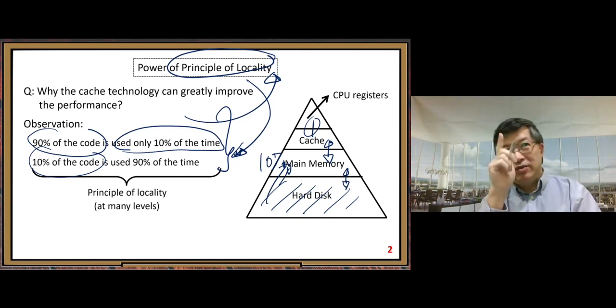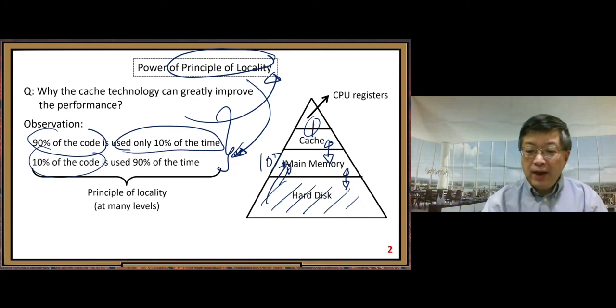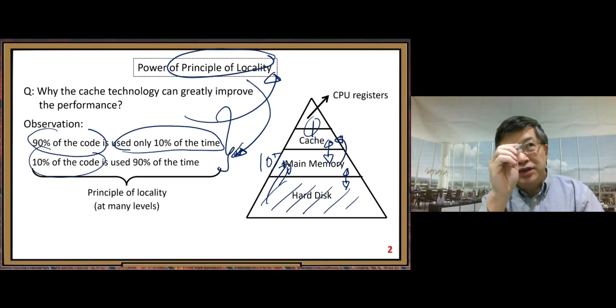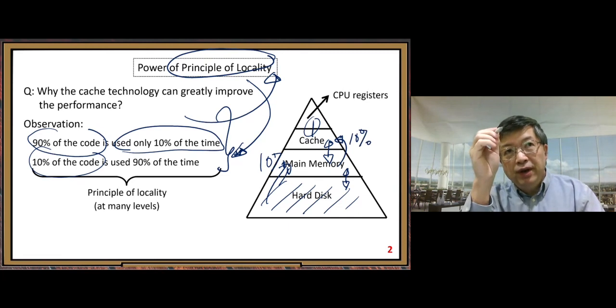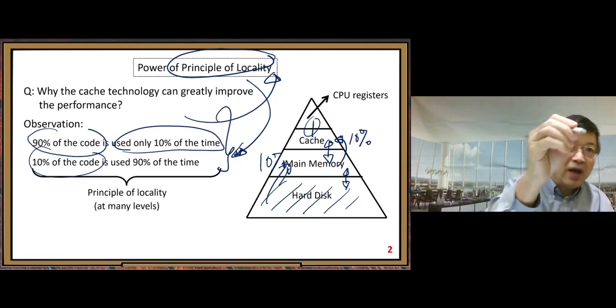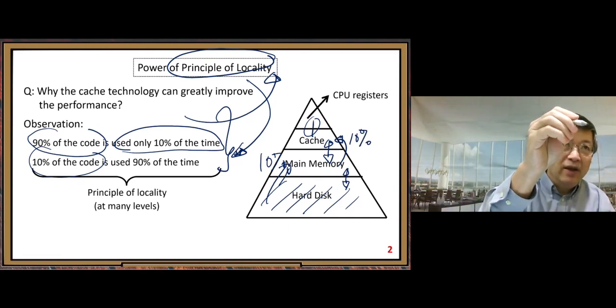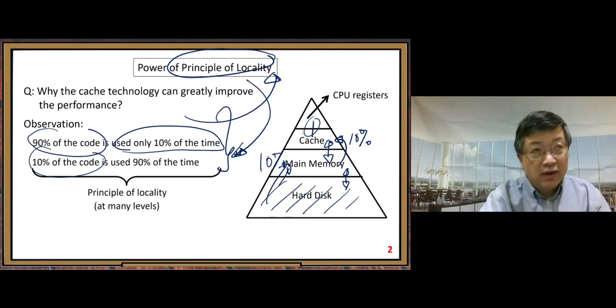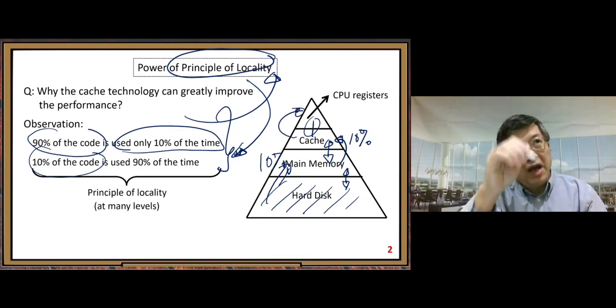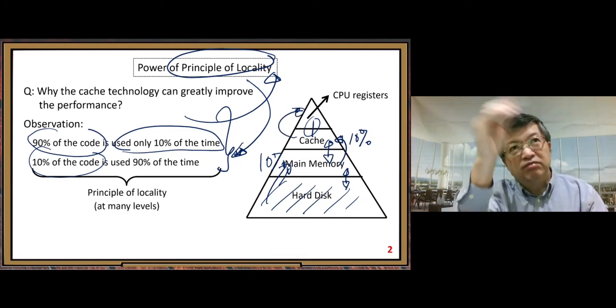So we use this principle of locality once, then another time from main memory to cache. Why not put those 10% frequently used code from main memory into cache? Then 90% of the time we just access that part of the code from cache to the CPU register directly.